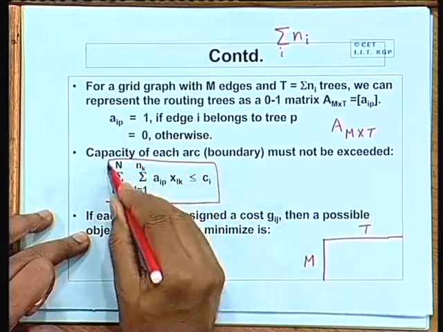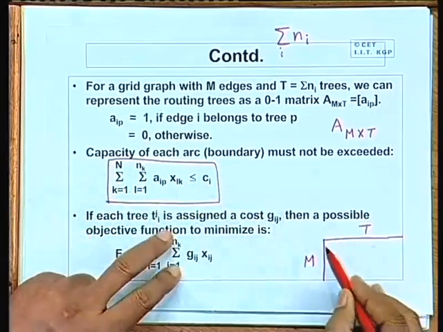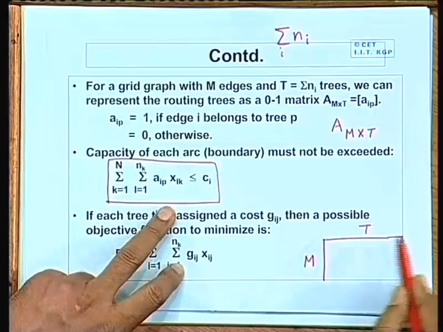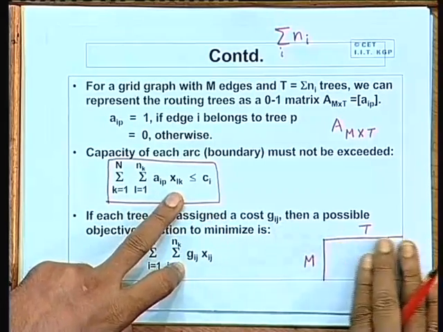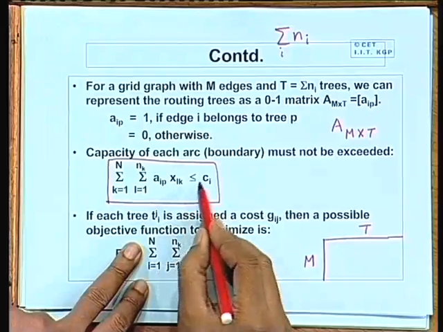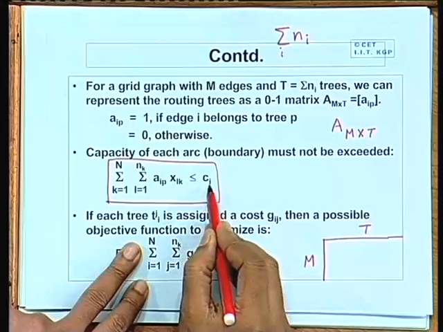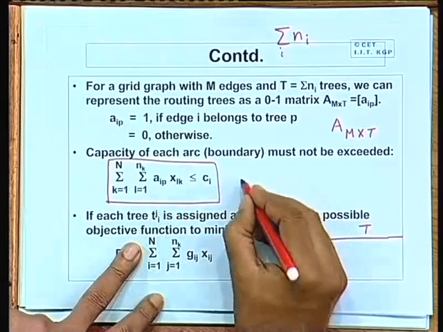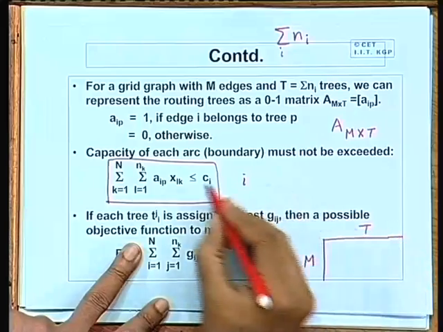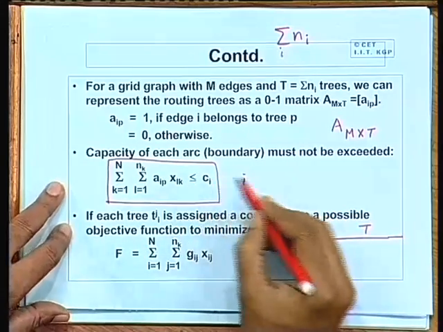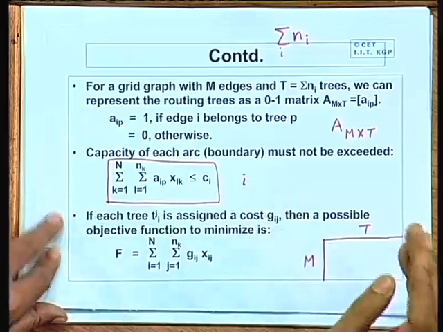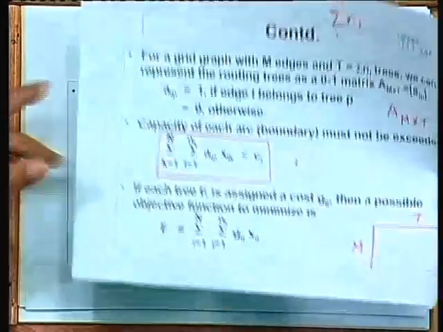So, you can express this like this. We are multiplying this matrix with x. x will indicate which of the trees we have really taken, the others will be all zeros. So, that sum total must be less than or equal to Ci. This will be true for all the given boundaries.